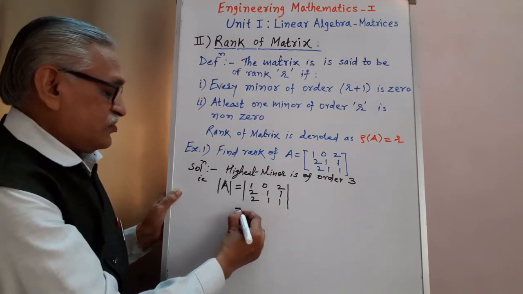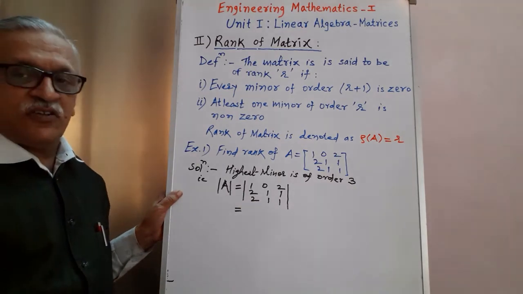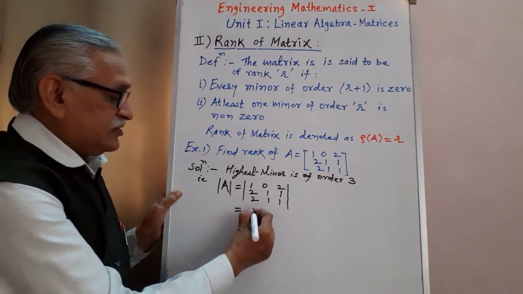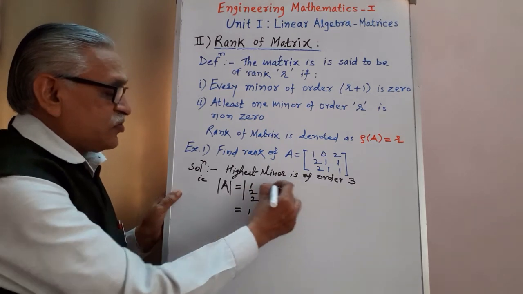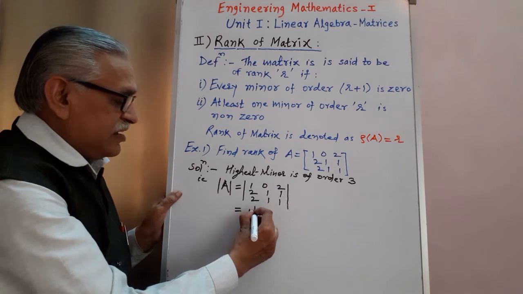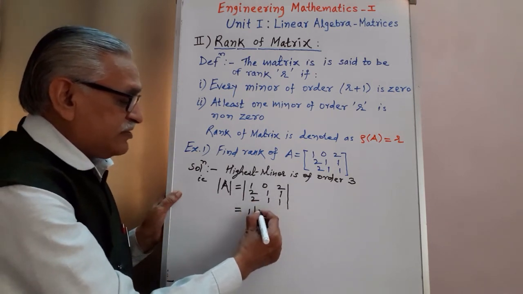we evaluate as usual, as we evaluate a third order determinant. The first element 1, into neglecting the row and the column containing it, and then taking the remaining elements in the determinant form. Remaining elements are 1, 1, 1.